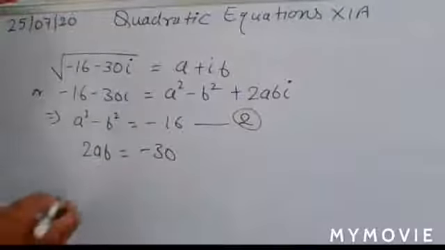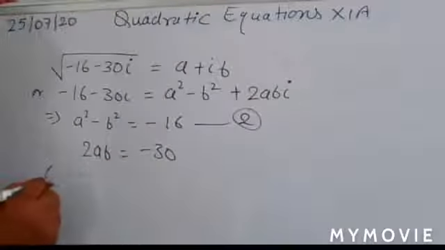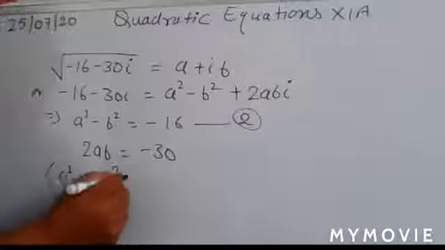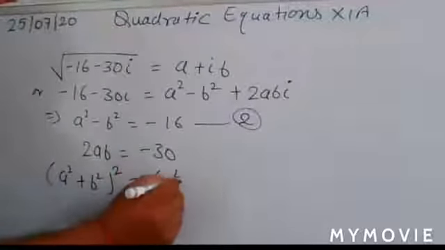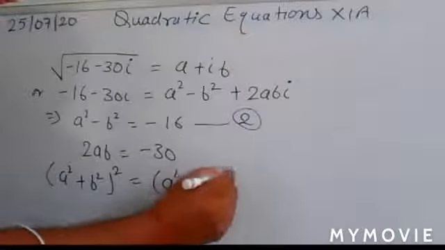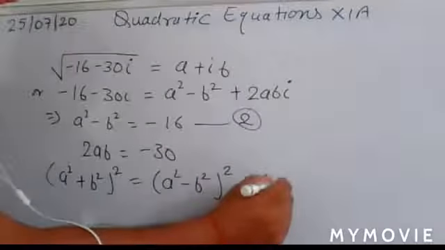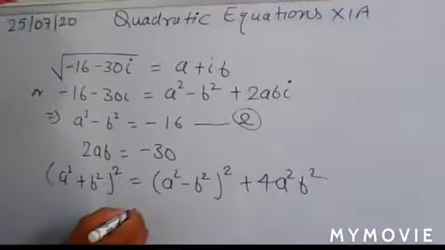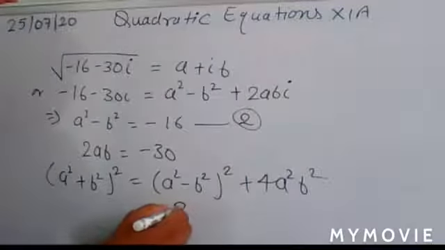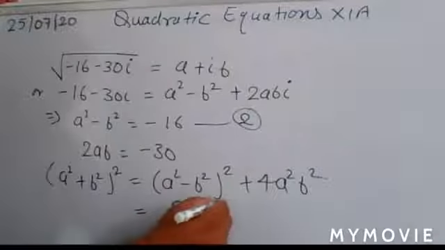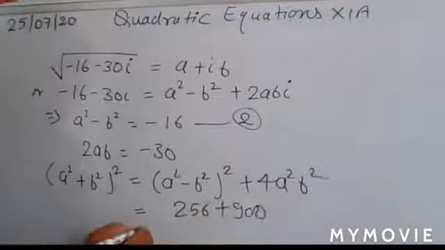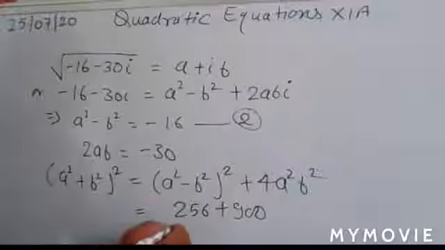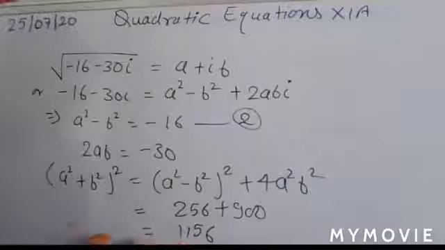Understand? And here you apply an identity: a square plus b square whole square is equal to a square minus b square whole square plus 4 times a square b square. So if you put in their values, you have 256 plus 900, and if you add, you have 1156.